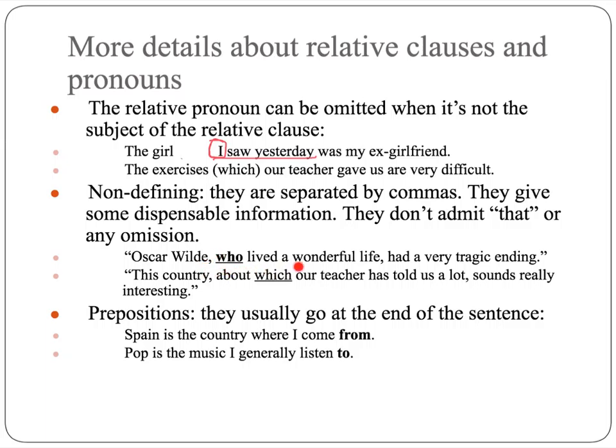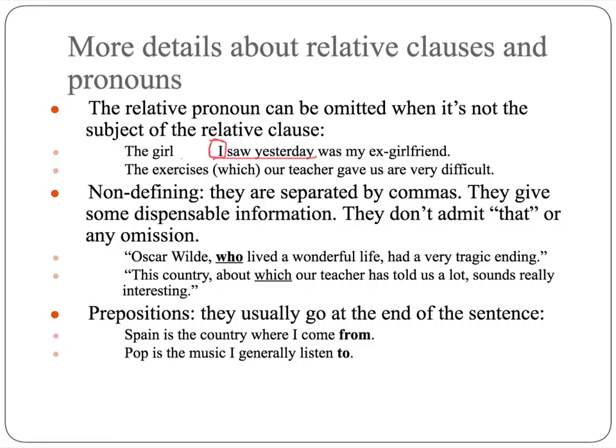We say who lived a wonderful life because we want to give some extra information, okay? Another very important example is this one, okay? This country, about which our teacher has told us a lot, sounds really interesting, okay?